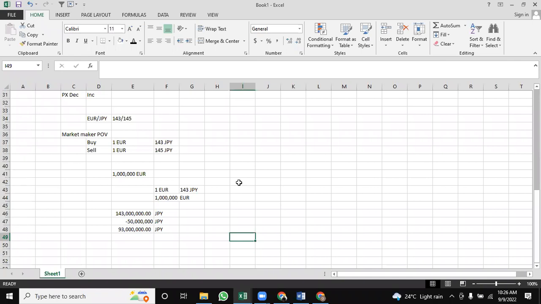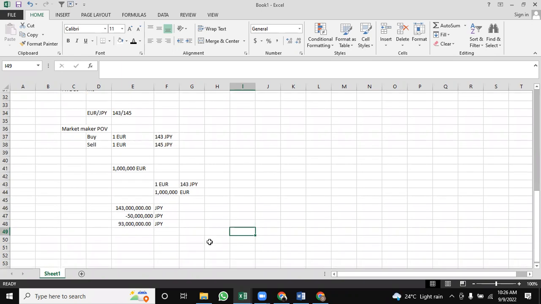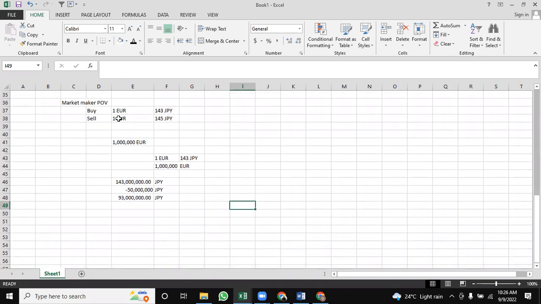Oh, okay, ma'am. But understand, what is the market maker now going to do on the base currency? Is he buying the base currency from you or selling the base currency to you? He is selling the base currency now. Correct. So if he's going to sell the base currency, what rate is he going to use? He's going to use this rate, correct? Yes, ma'am.